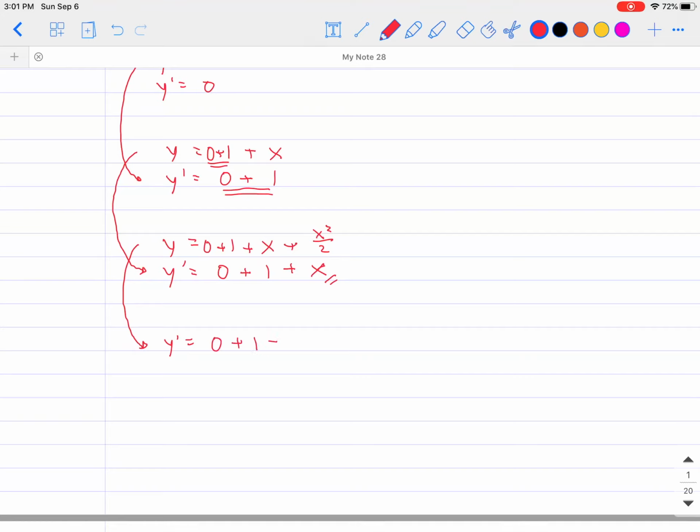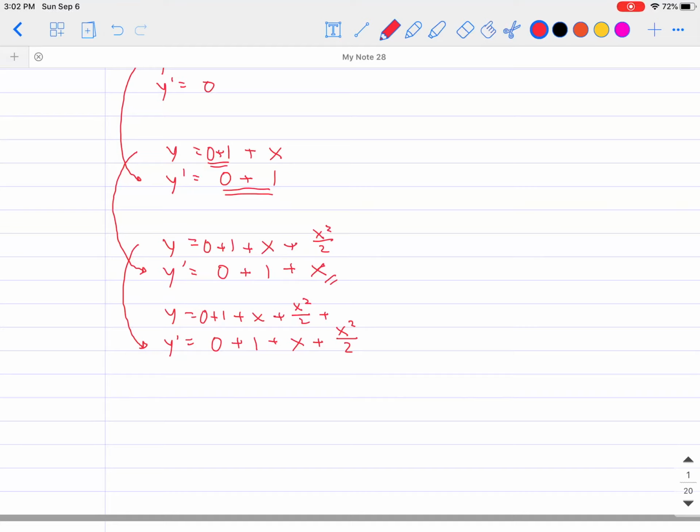So now the student says, okay, I'm going to copy you, teacher. So 0 plus 1 plus x squared over 2, and I want that to be my original function. And the teacher says, okay, just matching what you want because you want to be like me.